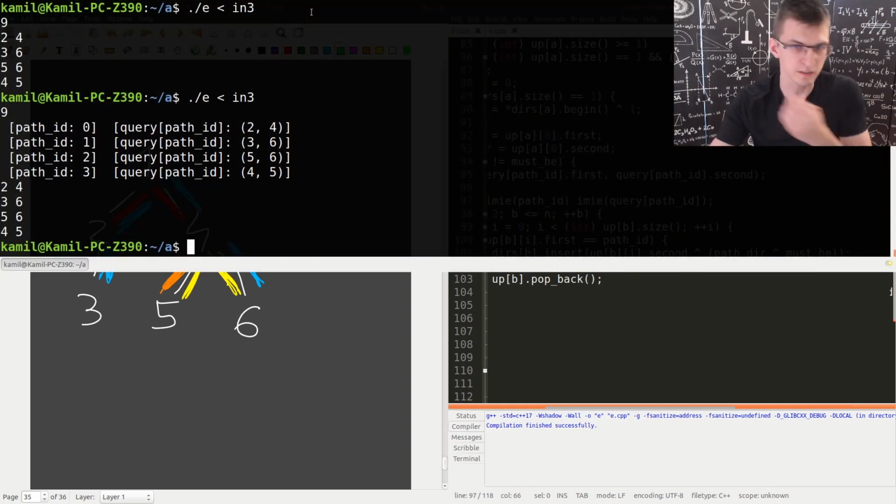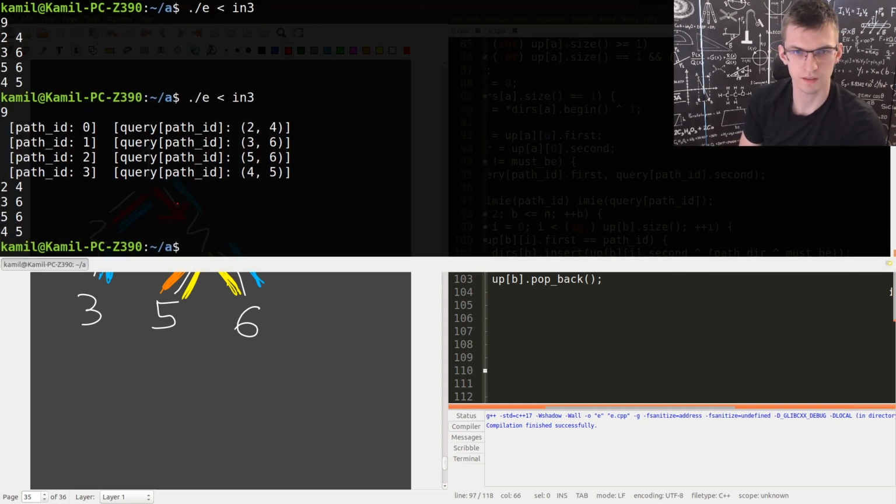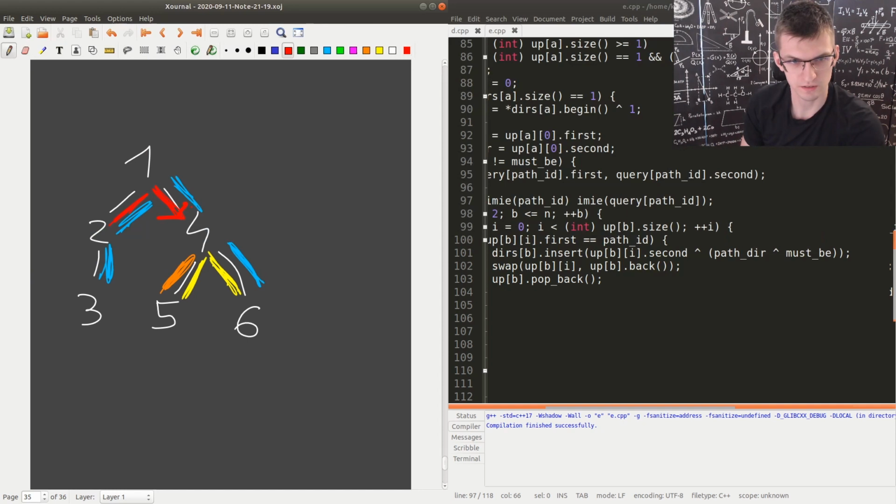I first direct from 2 to 4. So red will be like this. Then from 3 to 6. No, it shouldn't be from 3 to 6. It should be in the other direction.